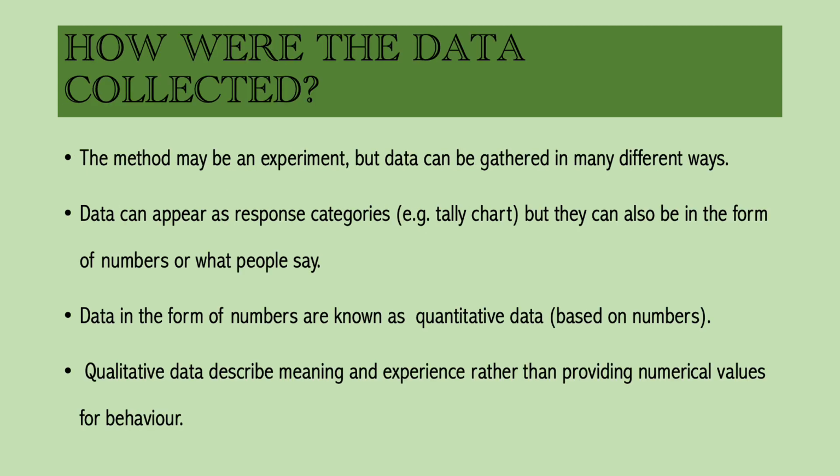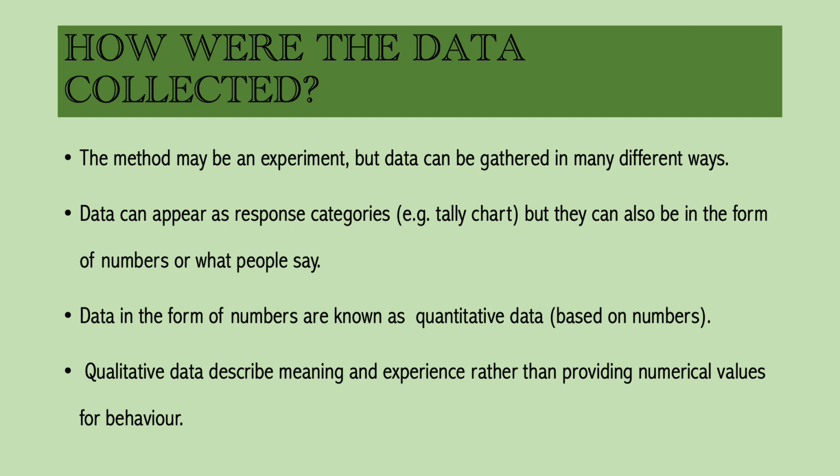Alright, now another important component is the data collection. How was the data collected? This is important. Before you go to the results, you have to collect the data. Okay, so the method may be an experiment, but the data can be gathered in many different ways.